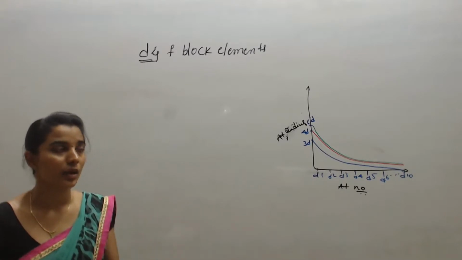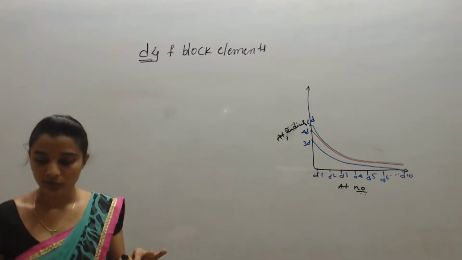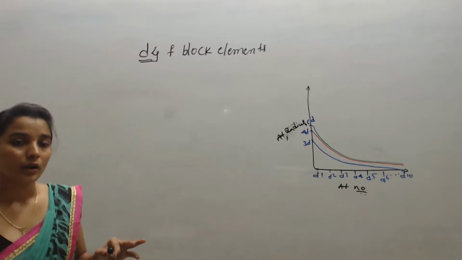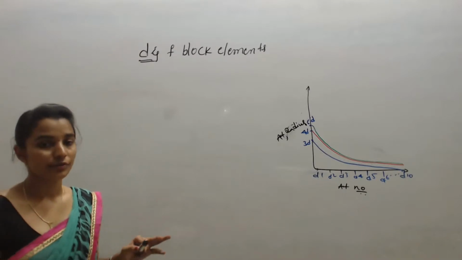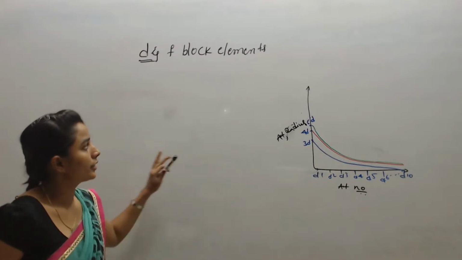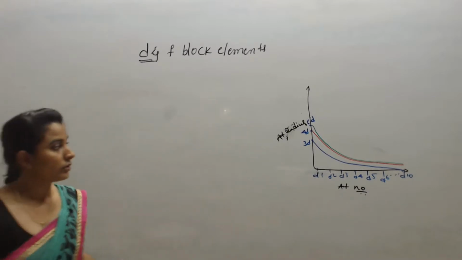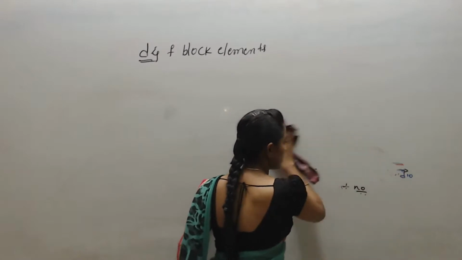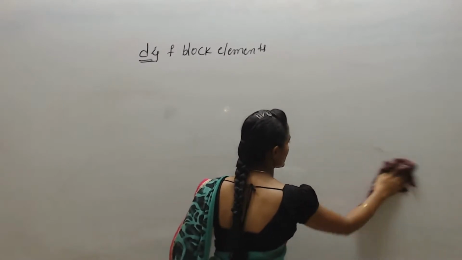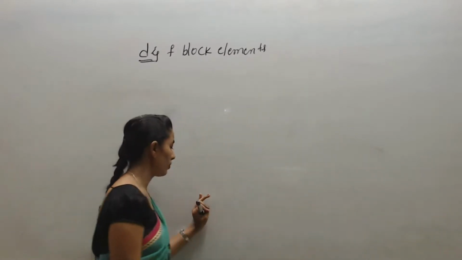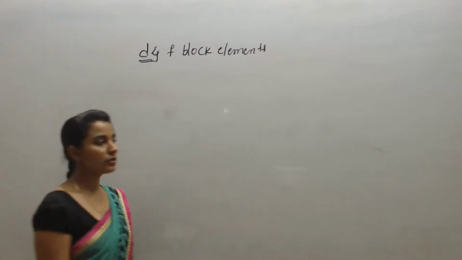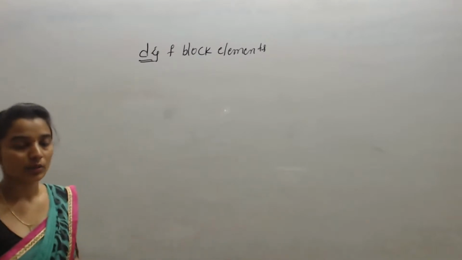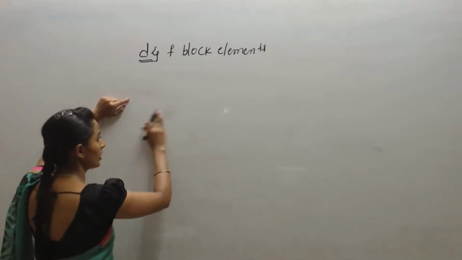Each has the capacity to lose electrons, so they show different ionic radii. Manganese shows oxidation states 2, 3, 4, 5, 6, 7. As the oxidation state increases, the ionic radius decreases.